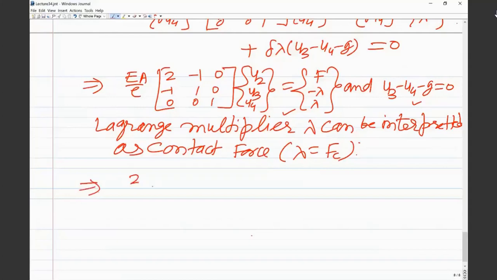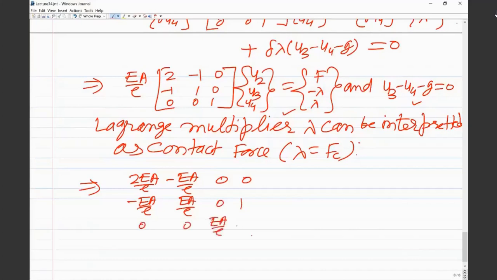So you can write it as, now I'm taking EA by L inside, so 2 EA by L, minus EA by L, and then you have 0, 0, minus EA by L, because I want to take the unknowns u2, u3, u4 and lambda. So EA by L, then we have this EA by L, 0 and 1. When I write the whole thing you would be clear about it.